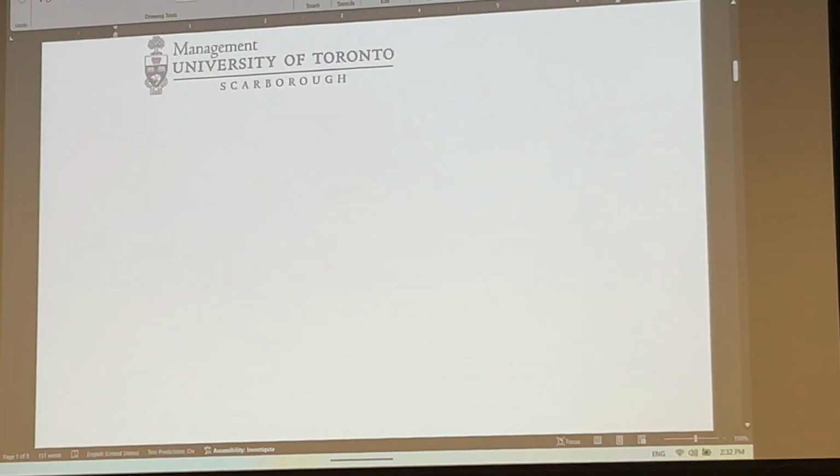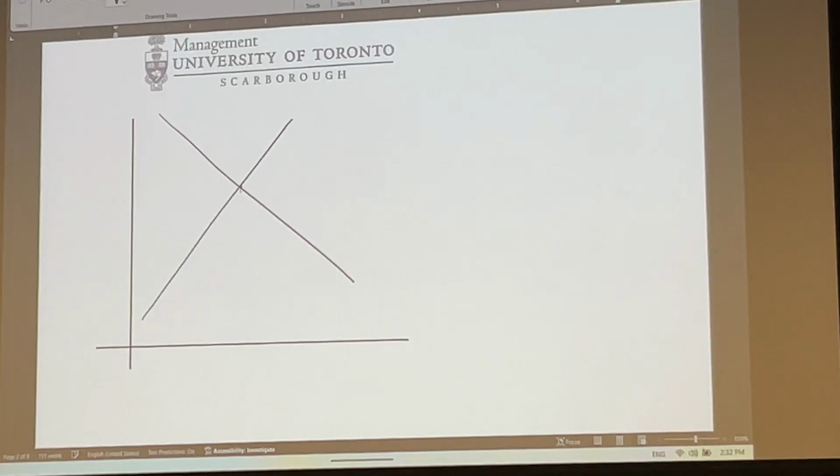Anyway, that is price ceiling. Price floor. That's the equilibrium in a competitive market. Right? The government puts a price floor.